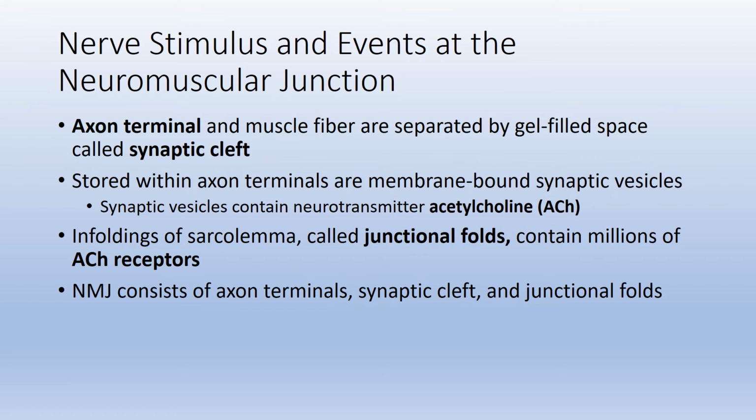These are called junctional folds, and the purpose of them is to increase the surface area, but also to have a location for these receptors that will bind acetylcholine once it is released from the vesicles in the axon terminal. So overall, the neuromuscular junction will include axon terminals, the space known as the synaptic cleft, as well as the junctional folds on the sarcolemma.